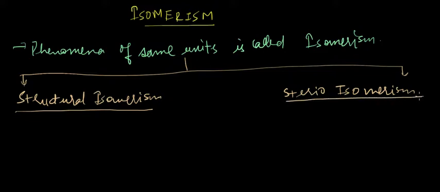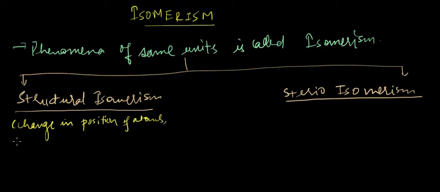Okay, now what is structural isomerism? Structural isomerism is change in position of atoms, and it does not mean that we will change the spatial arrangement of atoms. So it just means that we are changing the position of atoms, and obviously the IUPAC name would also be getting changed. Okay, so this is just change in position of atoms.